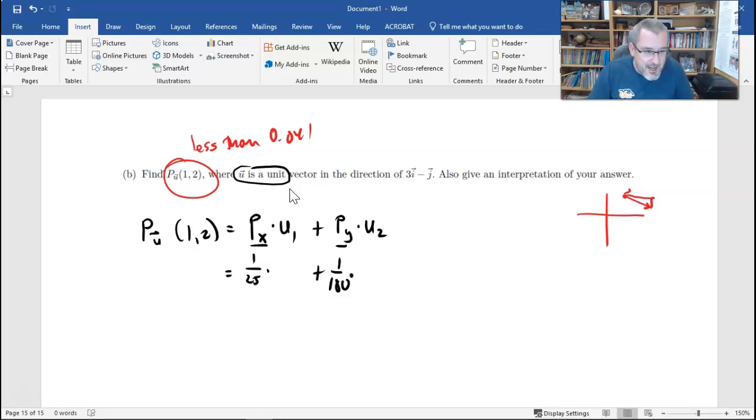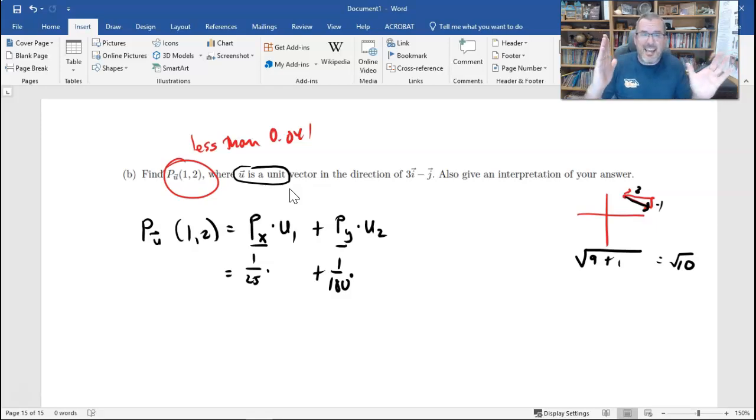Here's the 3i minus 1j. This vector is not a unit vector. It does not have a magnitude of 1. Here's how I know. The magnitude of that vector is 3 squared, 9, plus negative 1 squared, 1. That vector has a magnitude of the square root of 10, a little over 3 units long.